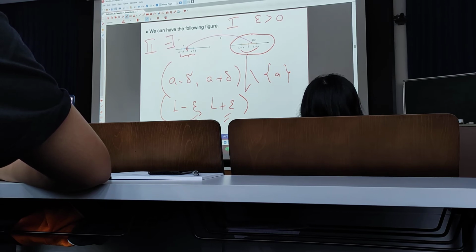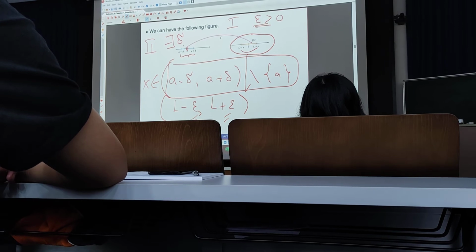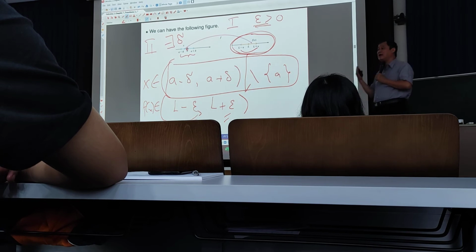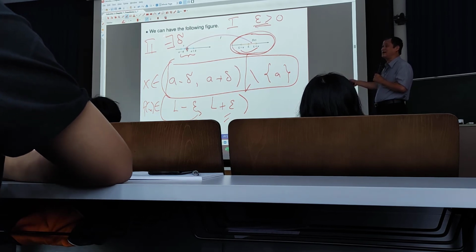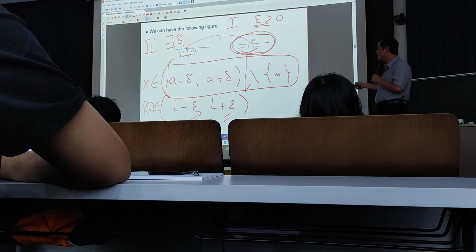To find the corresponding delta with the given epsilon, so that for any x from this neighborhood except a, f(x) is always in this neighborhood of L. That is the most difficult and important part for the second player: whatever positive epsilon the first player gives, he can always find the corresponding positive delta such that all points in this neighborhood except a are mapped under f into the neighborhood of L.